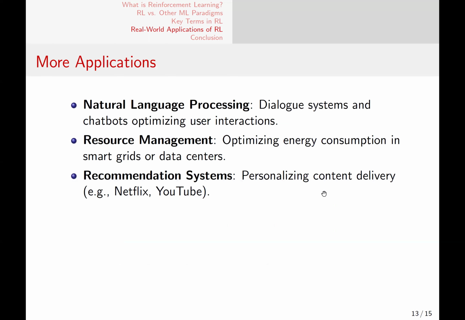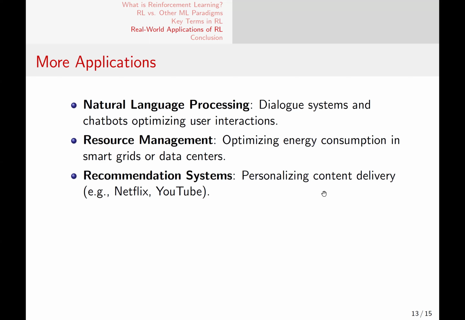Okay, more applications. We can have more applications in natural language processing, like dialogue systems and chatbots optimizing user interactions. I mean, technically, right? Even the idea of generative AI we can see as some kind of reinforcement learning because the more data you feed an AI, the better it gets with decision making, right? And for each person, the kind of data you feed, of course, you have your own interface with every AI tool you use.